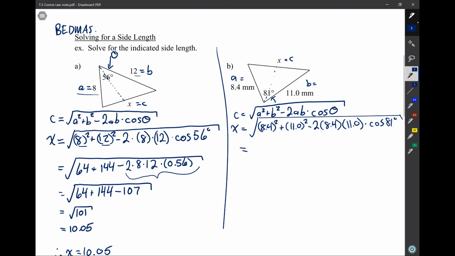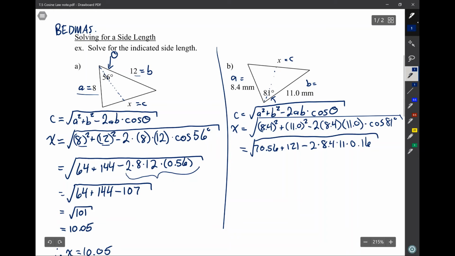So just like last time, I'm squaring my a and b here. So 8.4 squared is 70.56. My 11.0 squared is 121. Minus, and again, I'm going to leave all of these here, 2 times 8.4 times 11 times the cosine of 81. So I'm going to find out the cosine of 81 right now with my calculator, and it's 0.16. Again, all of that square rooted.